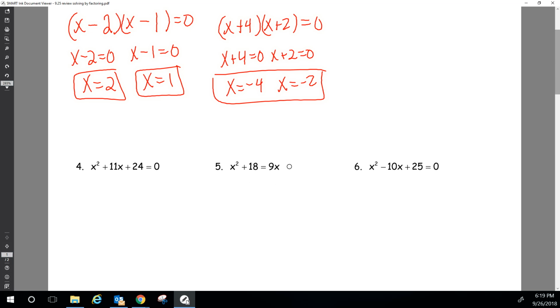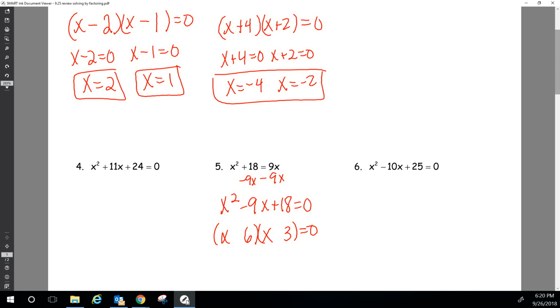For number 5, what's different about this one is it's not set equal to 0. I've got to move that 9x over first. I've got 8x squared, minus 9x plus 18 is equal to 0. And now we're back to these kind of problems. So we're looking for two numbers that multiply to get 18 and add up to -9.